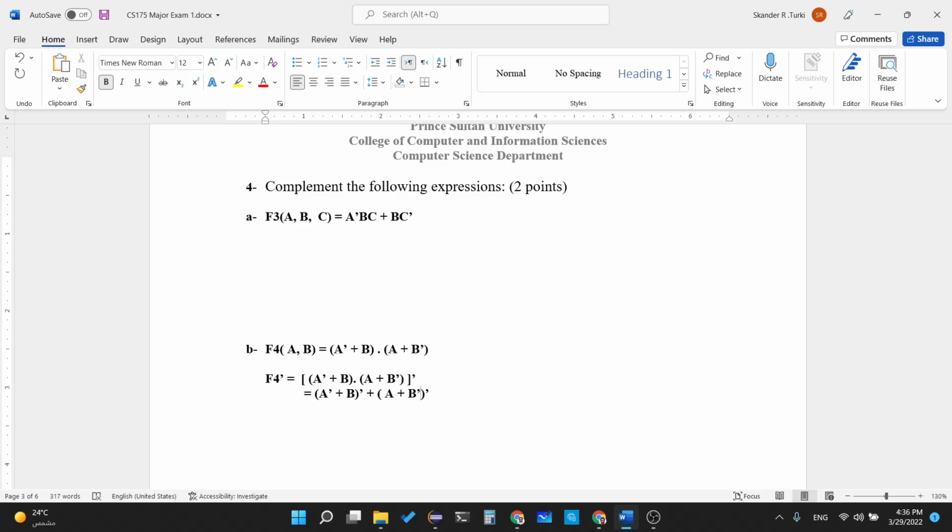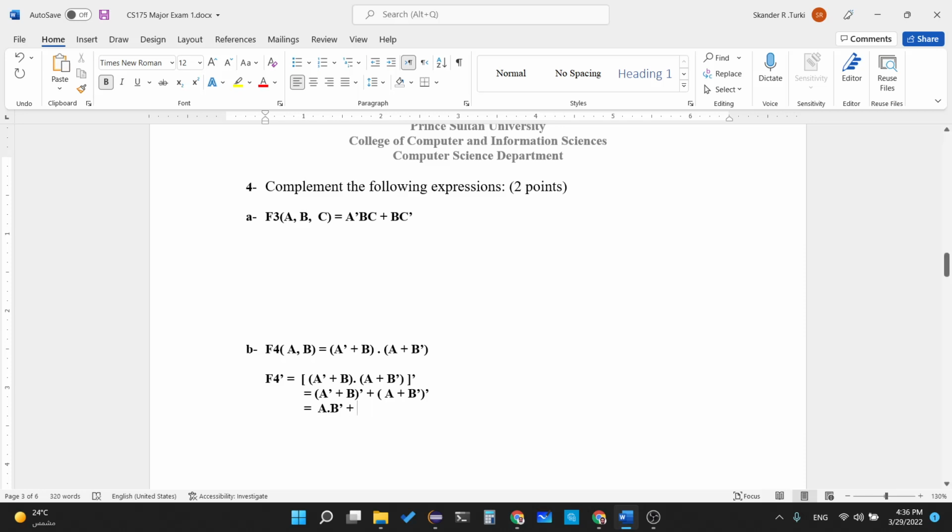We just copy what's inside the other one. Okay, so now we can apply the first bar that is here. So this is equal to A bar bar, which cancel each other, and B bar.